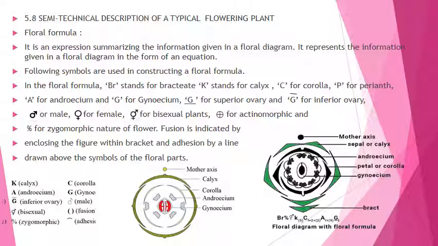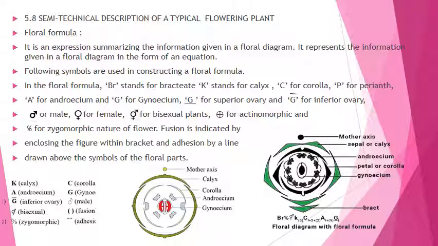If a flower is surrounded by a bract, right, then it is denoted as Br. Then K stands for the calyx part, which we had already discussed. C stands for corolla. P stands for the perianth. Then A represents the androecium, how many androecium parts are there.